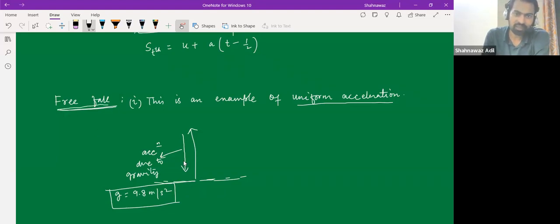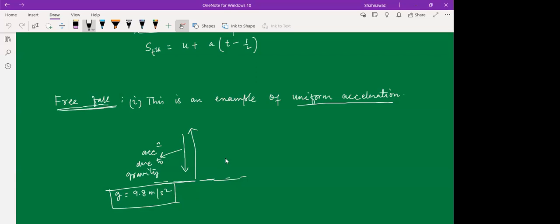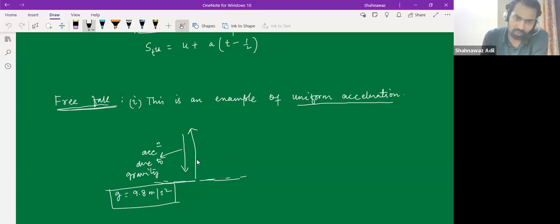Whenever a body is thrown upwards or downwards, and the only acceleration acting on that body is gravitational acceleration, the body is said to be in free fall. Is that clear to you guys? Yes, sir. So let's say you throw this body upwards, but it is working against gravity.